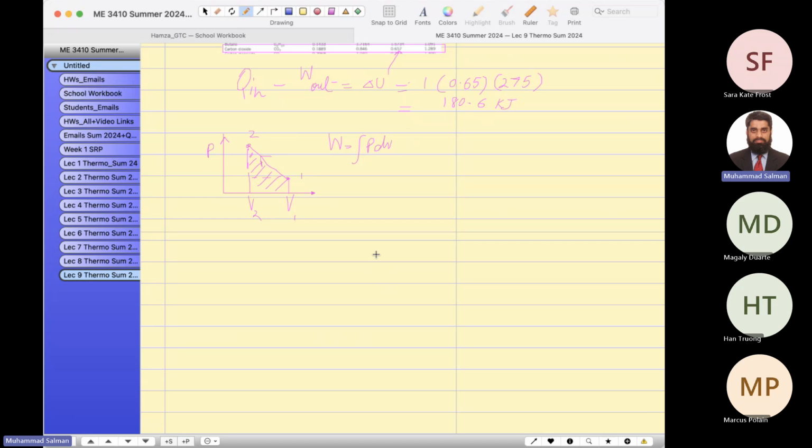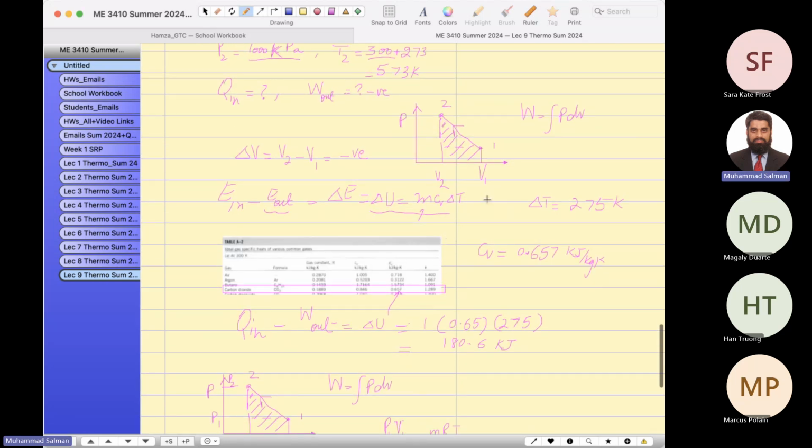Okay, now before we do this, I want you to solve for V1 and V2. So from P1 V1 equals m R T1. This is a big V, okay? And now what is V1? This is in meter cubed. V1 can be found at 1 kilogram, and R from the table, is how much?